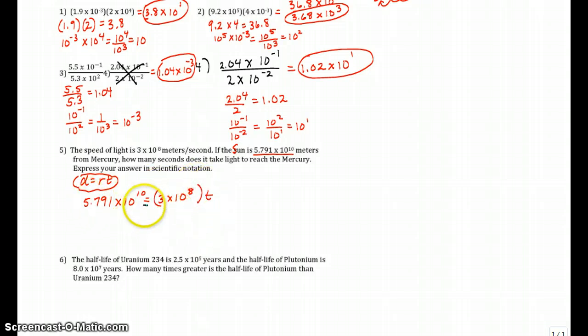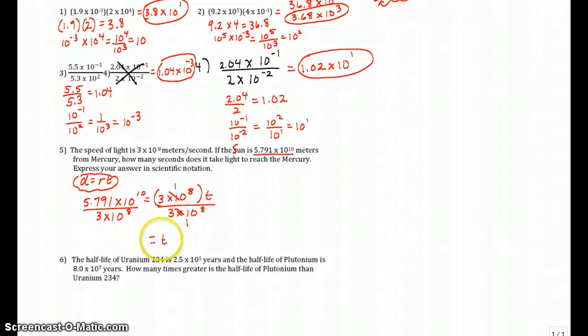So distance equals rate, speed, times time. We divide both sides by 3 times 10 to the 8th. You could also just rewrite the formula. That's another way to do it, where you just divide both sides by rate to get time, and you'd have distance divided by rate equals time. It doesn't matter. These become 1.